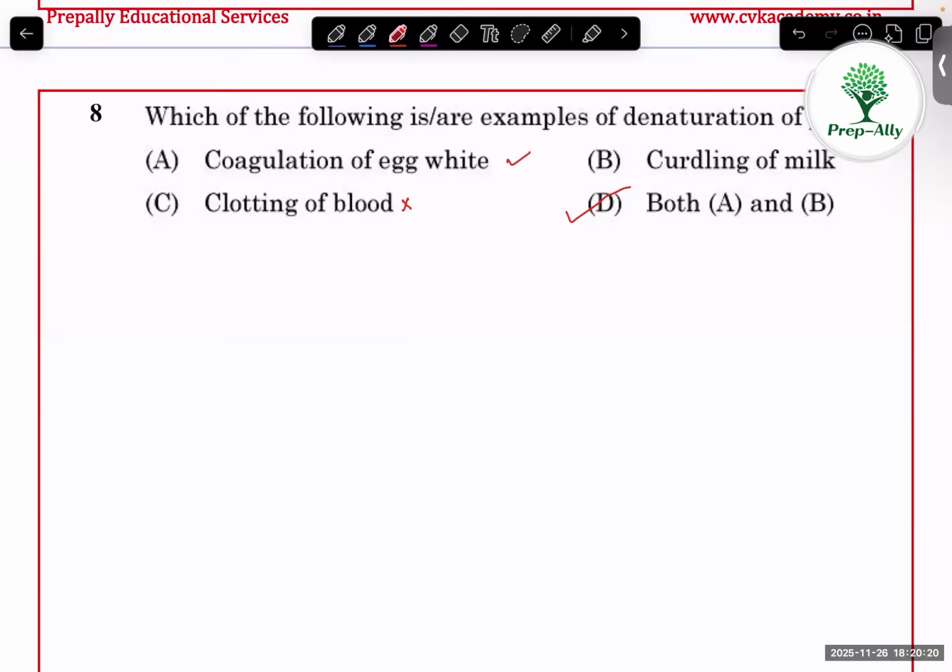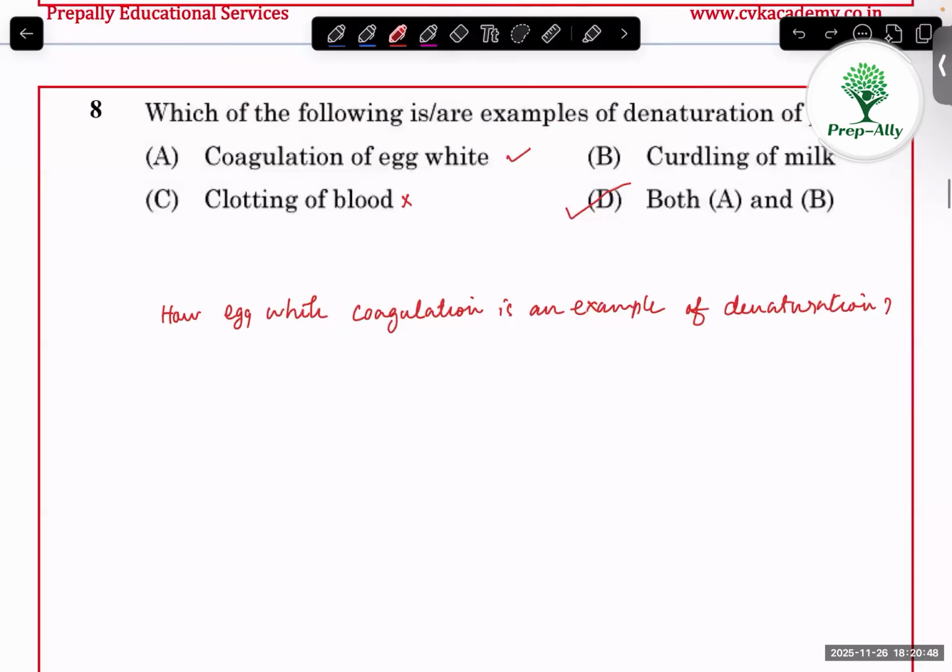Second thing is what are the examples. So for example, a question can also come, how is egg white coagulation an example of denaturation. So if a question like that comes, you can say that coagulation of egg white, when you are heating, egg white is basically protein only.